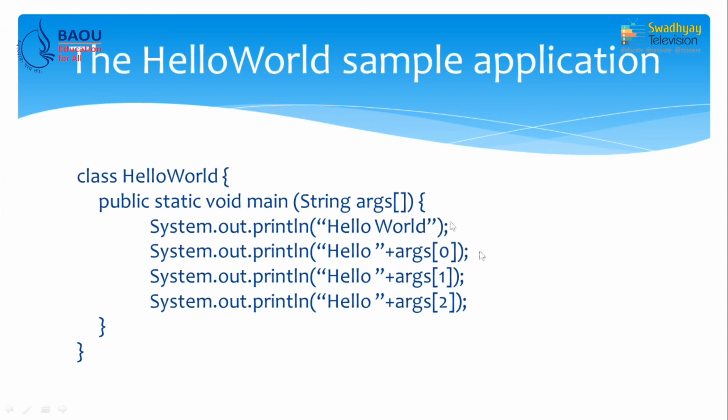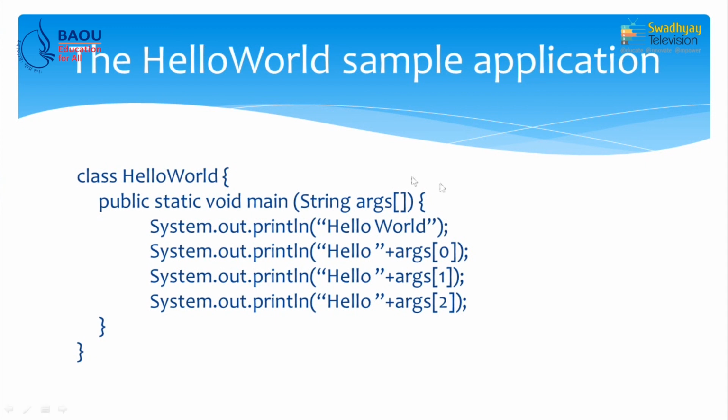If these 3 arguments are not provided, then it may result in an error. So, this is how we display a value provided by the user at the command line. Remember, all array indexes start with 0.